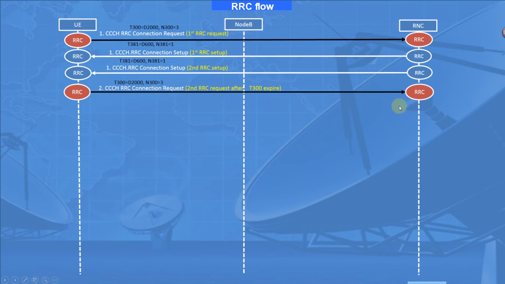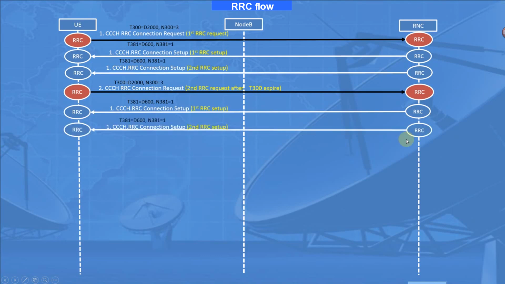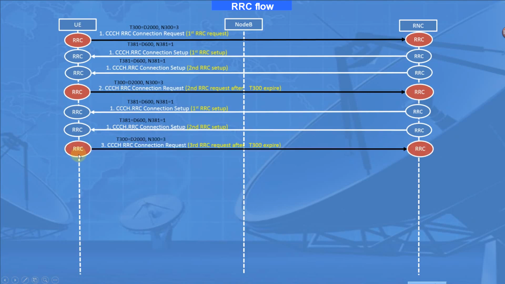After that, the procedure which I demonstrated on the first RRC will be repeated. First RRC connection setup, second RRC. So after expiring T300, we will generate a third RRC connection request.